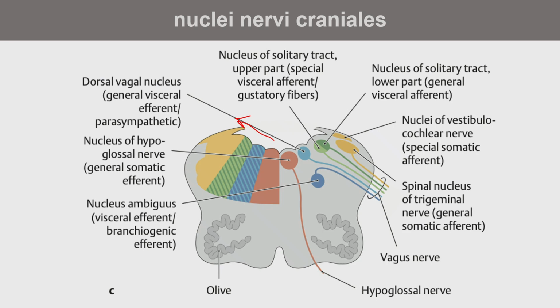The medial line is represented by the sulcus medianus in the floor of the fourth ventricle, which is called the rhomboid fossa. Here is a section through the lower part of the fourth ventricle. You can see here the olivary nucleus, and in this region we have the 12th nerve, somatomotor. Then there is this, the dorsal vagal nucleus, which is parasympathetic.